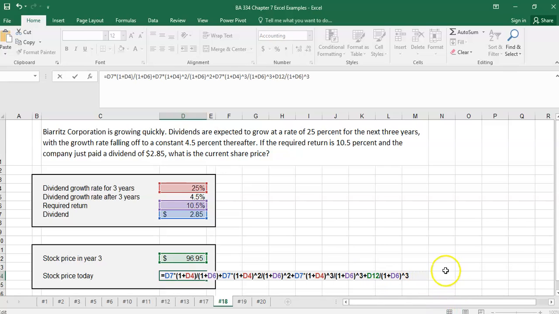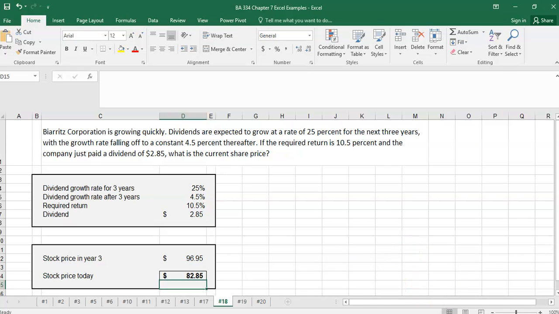I have some errant parentheses in my formula. There we go. So the stock price today is $82.85. And that is with supernormal growth in the first 3 years, followed by regular growth.